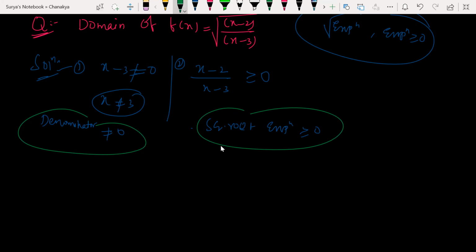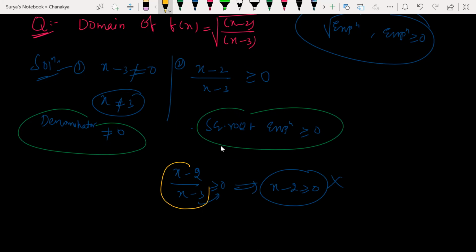Many of you might be doing this: cross multiplication and x minus 2 greater than or equal to 0. You can't do this, guys. Cross multiplication, you can't do this here. It is an inequality for the entire expression, so it should remain the same. You can't multiply the denominator with this 0 and make this as 0, which is a blunder, which is wrong. It's a big mistake. Getting my point?